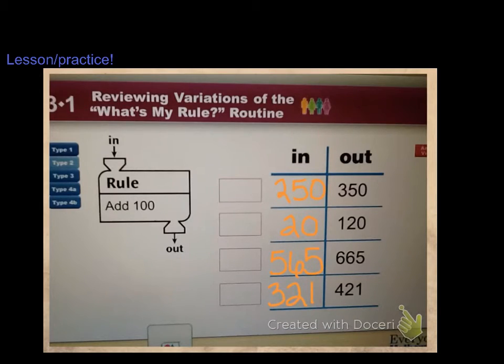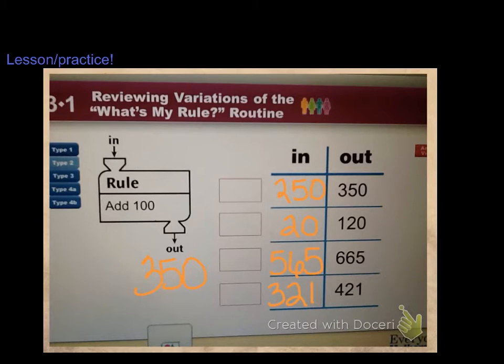Now this in and out box, you'll notice that we have all of the out numbers and not any of the in numbers, although I did fill them in, as you see. We're given a rule, and so we have to work backwards in this situation, because if you had not seen all of my answers, you would have to figure out how we would get 350 coming out of our machine if we add 100.